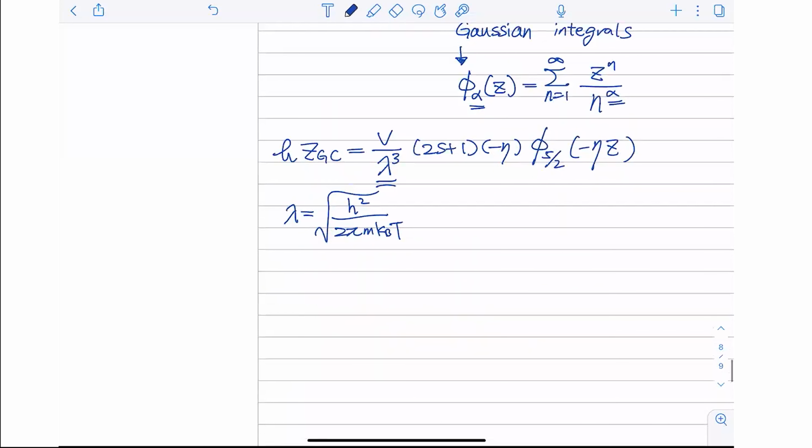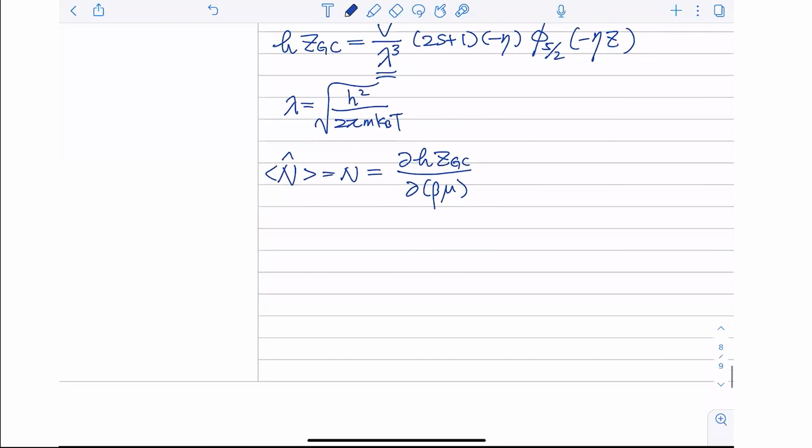So from this expression, you can derive the expectation value of the particle number by taking the derivative of the natural log of the grand partition function with respect to beta mu. And if we use fugacity, it will look like this.